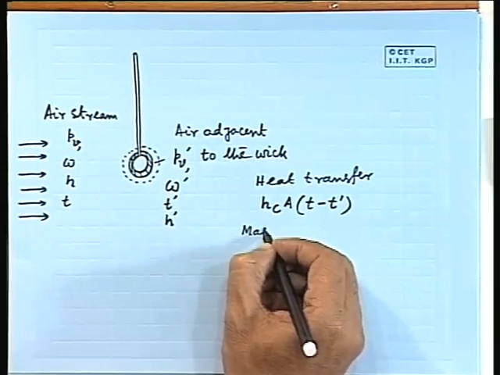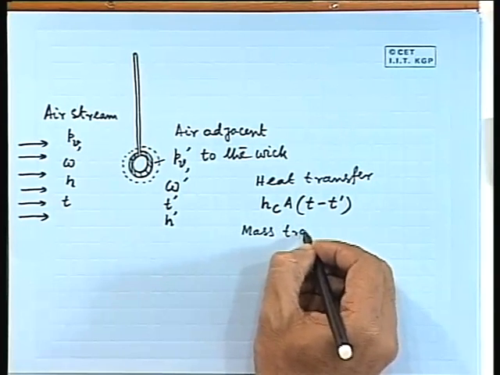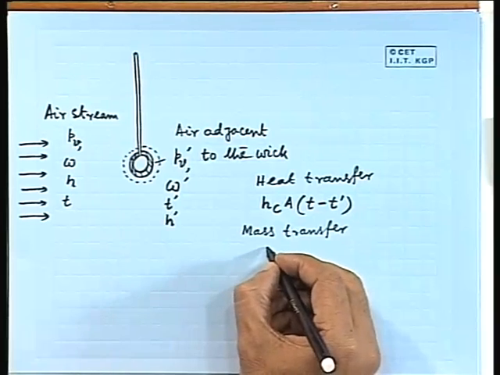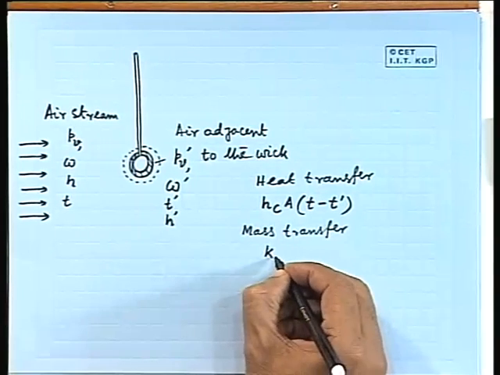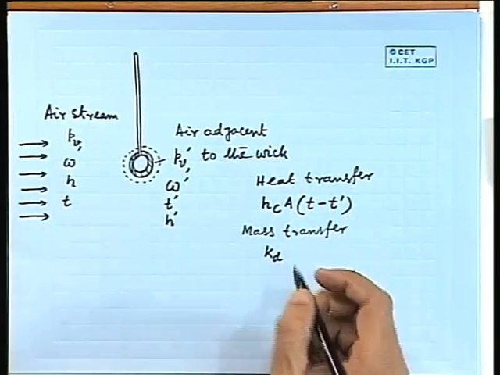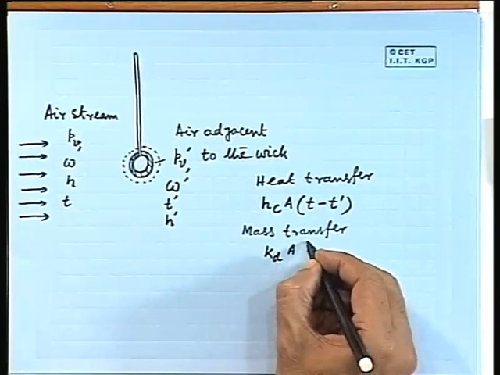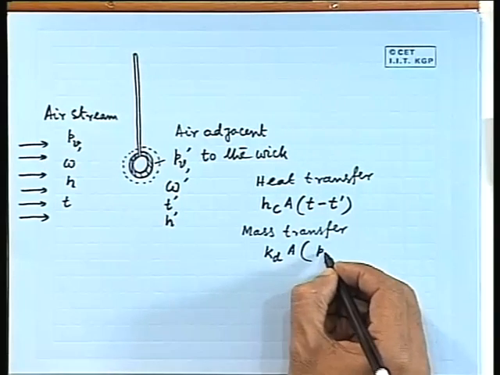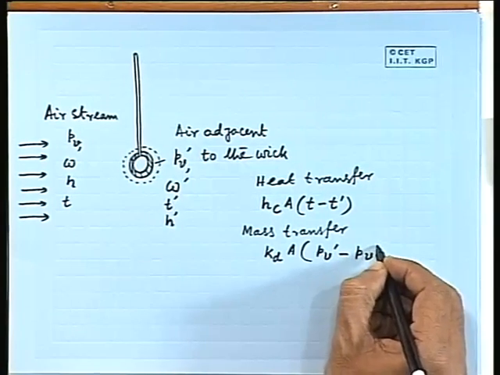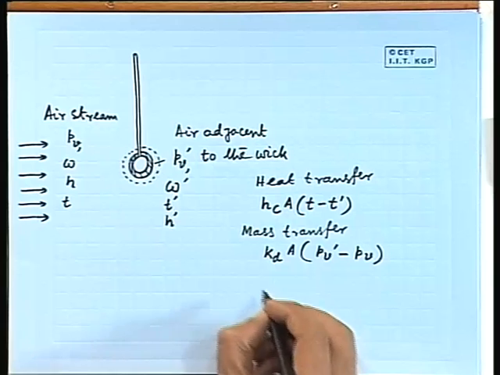Mass transfer, again it will be some mass transfer coefficient, this is diffusion mass transfer. So, Kd, and then we can have area and Pv dashed minus Pv.